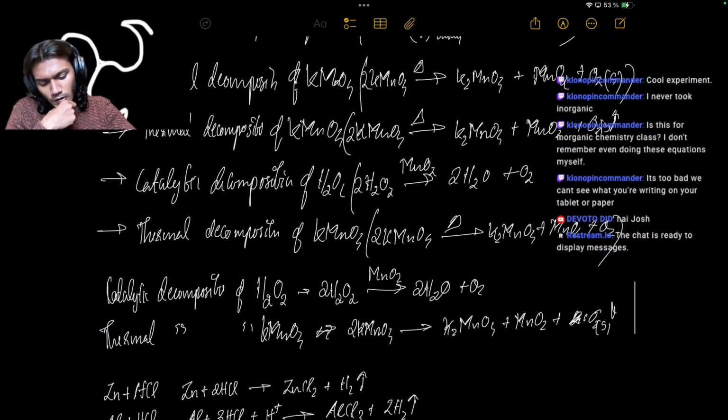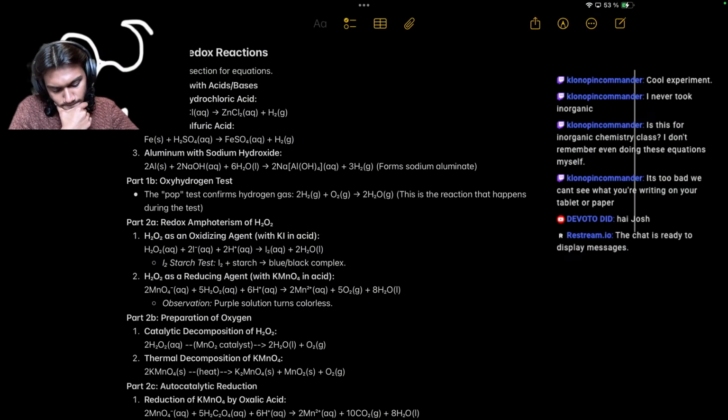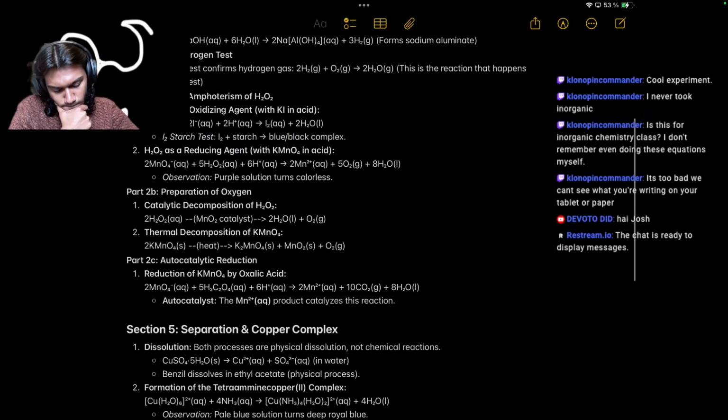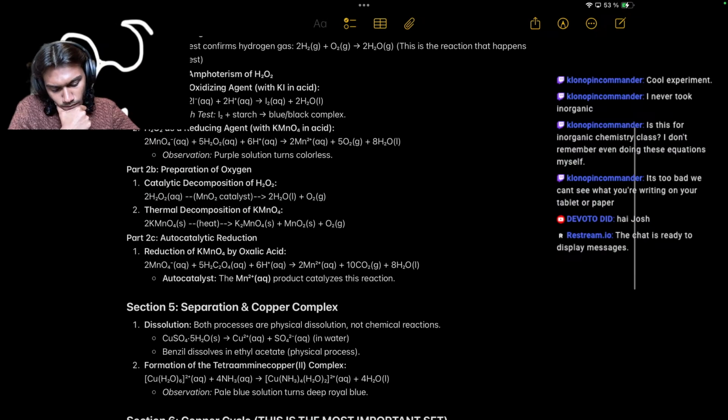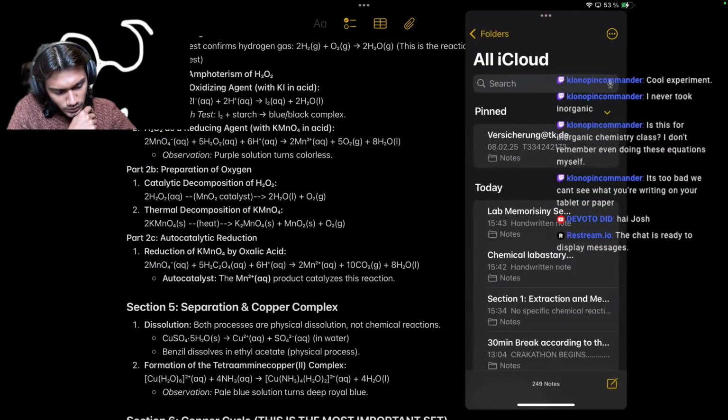Now, what else? Autocatalytic reduction of potassium permanganate by oxalic acid. Can I take the notes from here? Oh, I can.